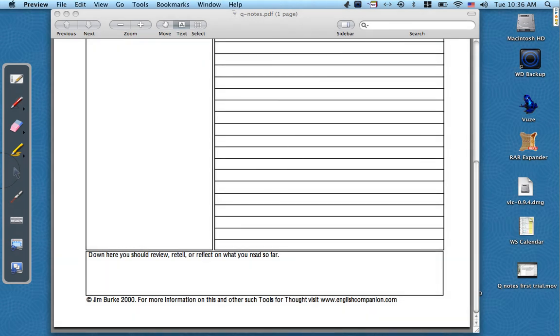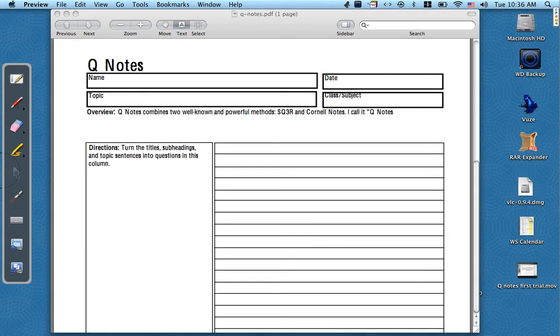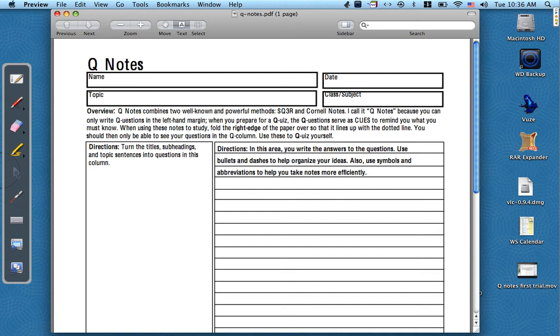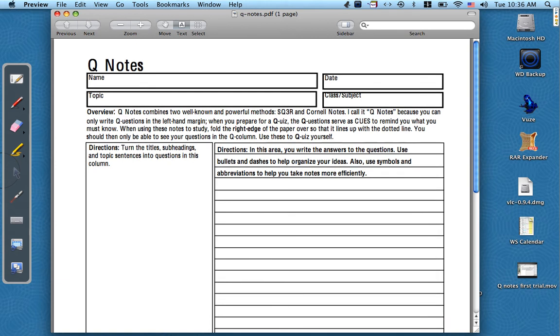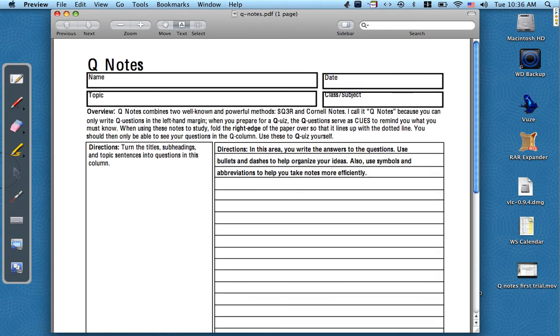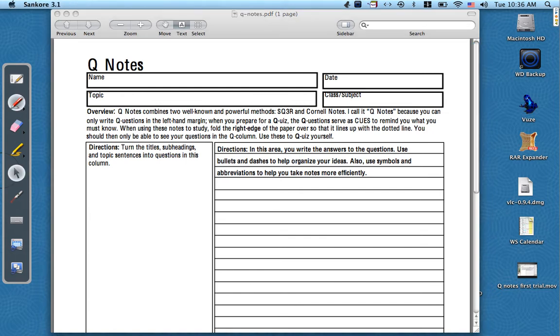Okay, so this is something called Q Notes. It's something that you can use in class during lectures, right? If a teacher's lecturing and you need to take notes in class. It's something that you can use for readings. So if a teacher gives you an article to read at home and you need to take notes, or from a textbook, right?